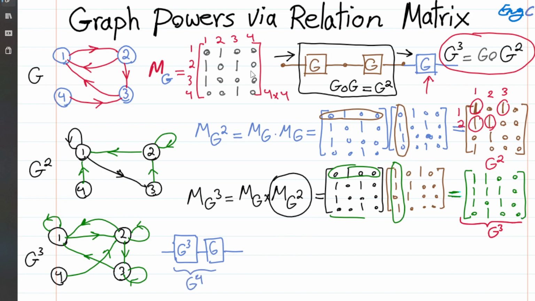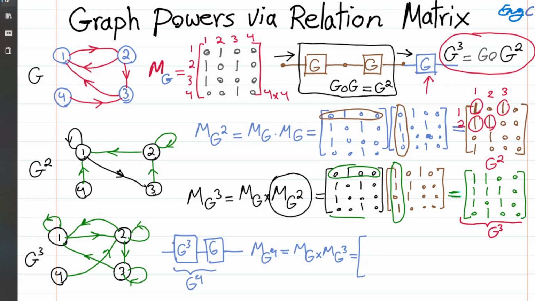And if you do that, then you can write with the same reasoning that the matrix representation for G to the power 4 is equal to the matrix representation for G multiplied by the matrix representation for G cubed. And you have to repeat this whole process. It means copy paste the matrix we have here.